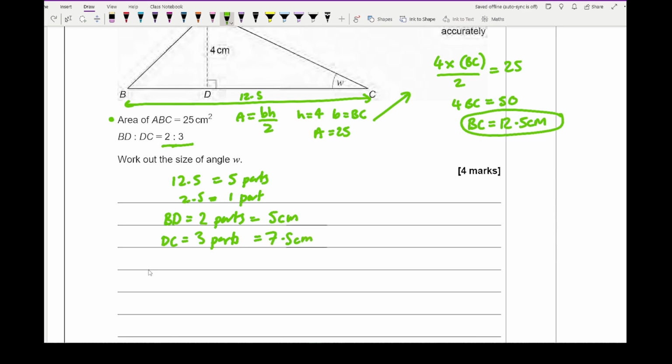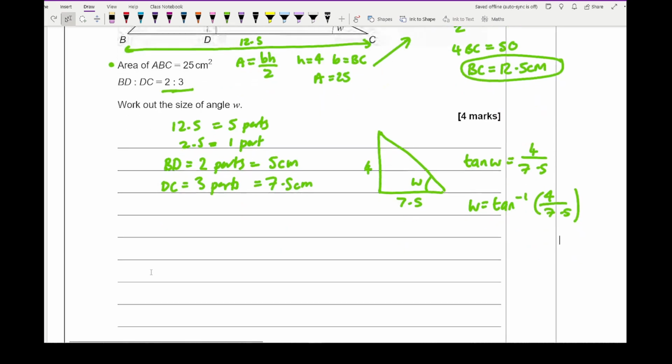Now the question is asking us to work out angle W. So if I take this triangle here, which angle W is part of, we know that this length here is 4, and we've now worked out that this length here is 7.5. So using SOHCAHTOA trig, we've got that tan W equals 4 over 7.5. So that means W is going to equal the inverse tan of 4 over 7.5.